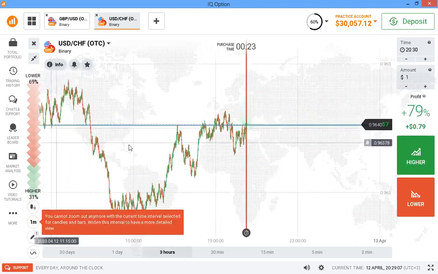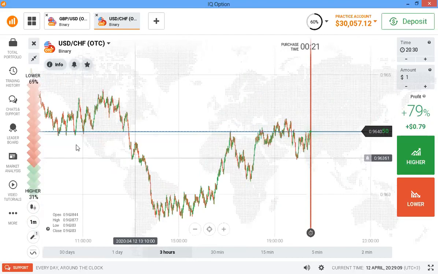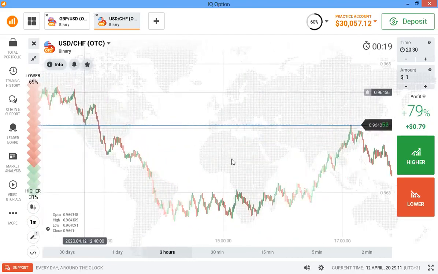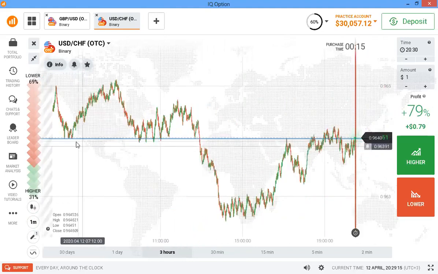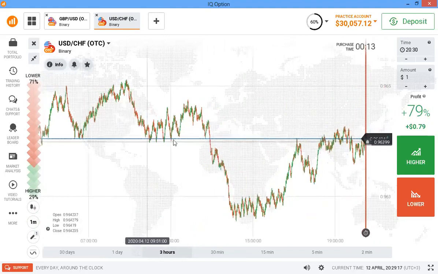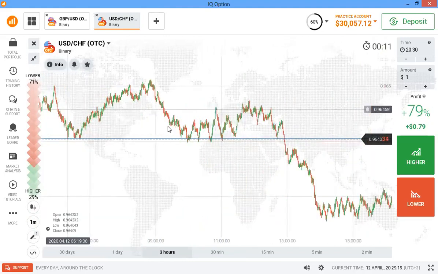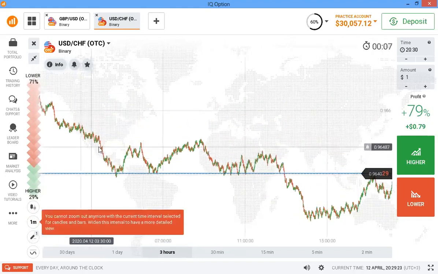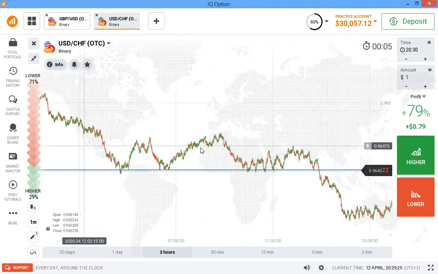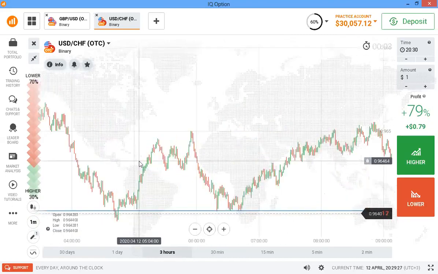If you check on the left side, check perfectly. You can see it's acting as a support so many times. But we are looking for a resistance. I don't know what's wrong with my mouse now.